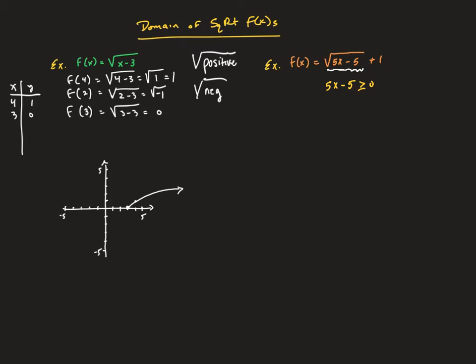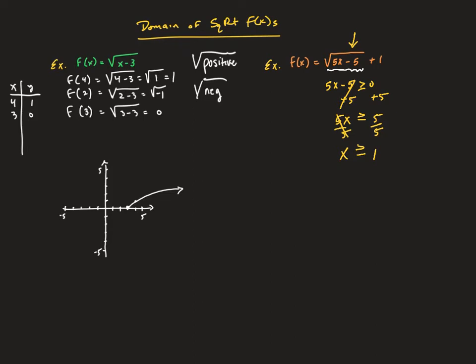So in that case, I plus 5 to both sides, so 5x is going to be greater than or equal to 5, divide both sides by 5, and then x is going to be greater than or equal to 1. So it has to be greater than or equal to 1 in order to be a real value. So that is the domain. The domain of this function is when x is greater than or equal to 1.